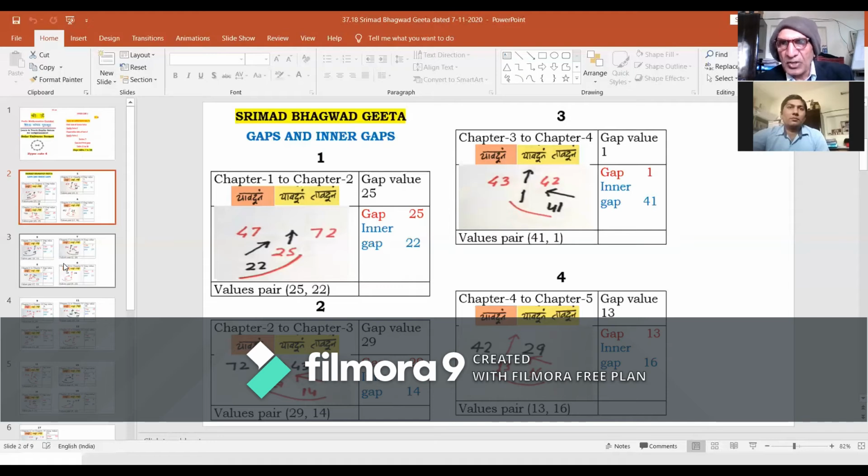We know 13 and 16 together as 29 are equal to and parallel with the organization of Ganita Sutra 16 and Ganita Sutra 13.